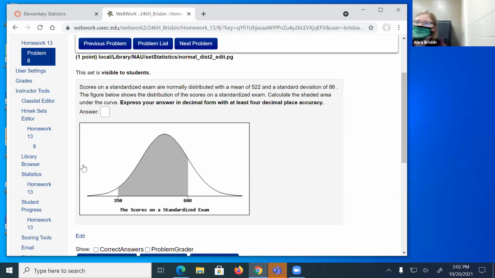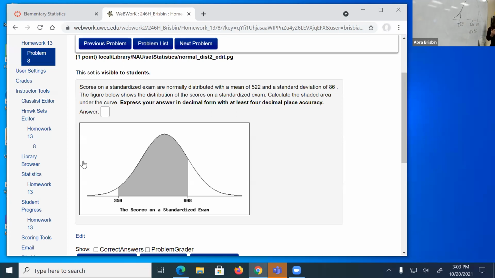What I got was, we've got a mean of 522, standard deviation of 86, and I'm looking for the area between 608 and 350. So your numbers might be different than these, but the process is going to be the same.